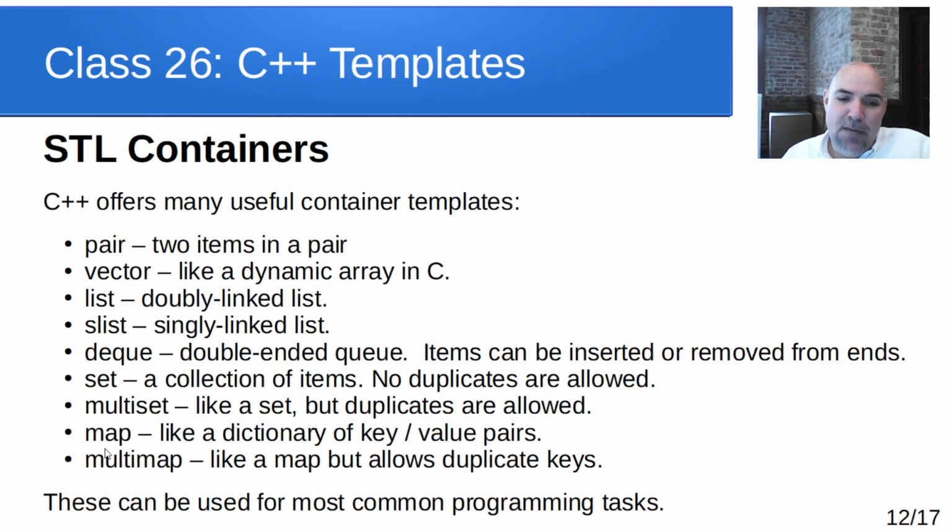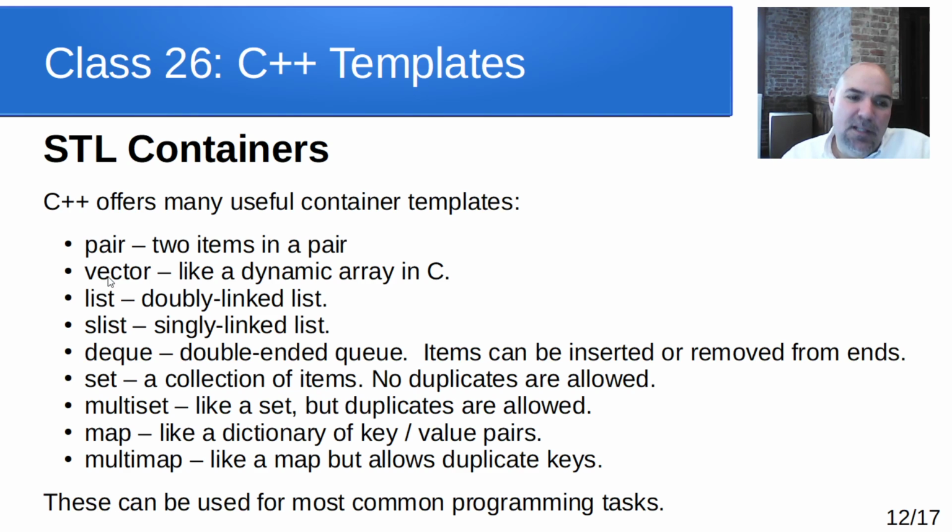So most common programming tasks that you'd come across, and really a lot of uncommon ones, you can do with one of these versions. And notice that since there's multiple ways of doing it, the most common ones that I would say you'd end up using would be vector and map. And maybe you would use lists to some extent, but you can do everything with a list that you can do with a vector.